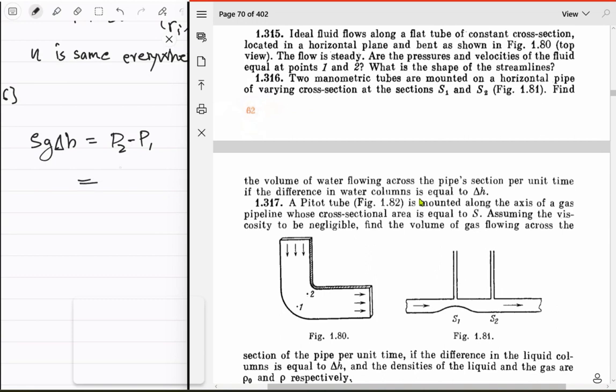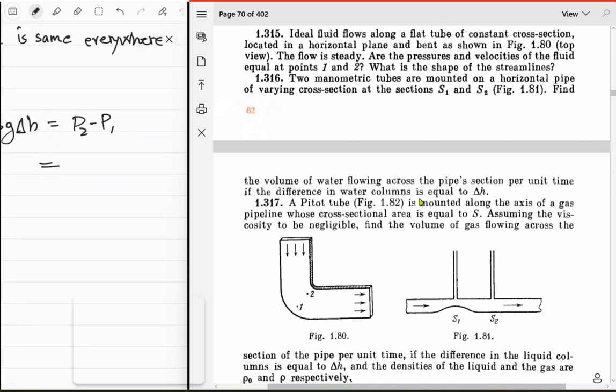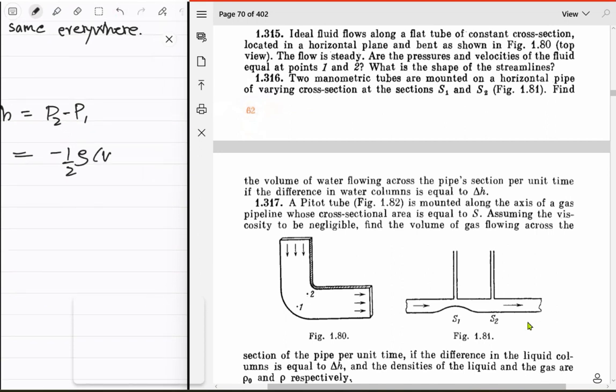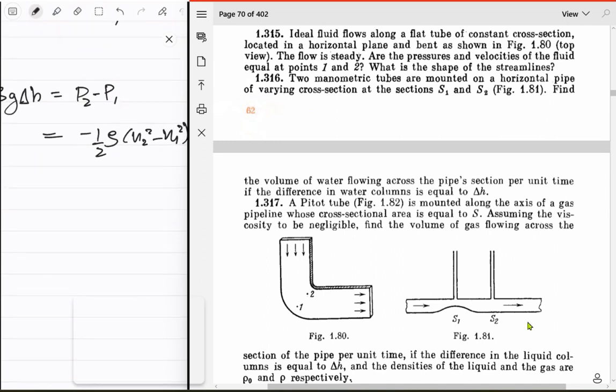There's no change in the g thing, or even if there is, it's a very small change, right? We'll assume that, of course. Then this just becomes negative half rho U2 squared minus U1 squared, right? Basically. Okay, interesting.